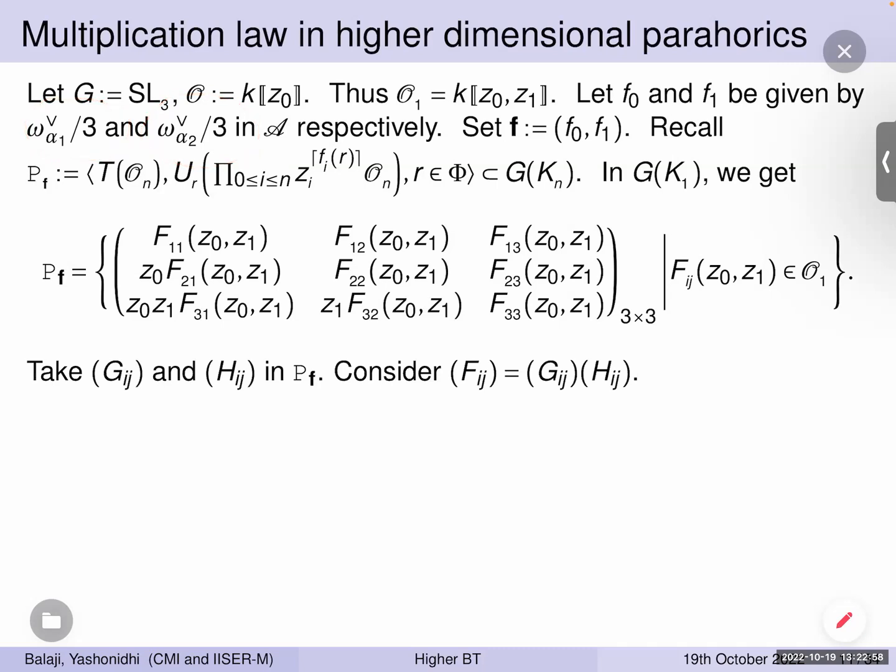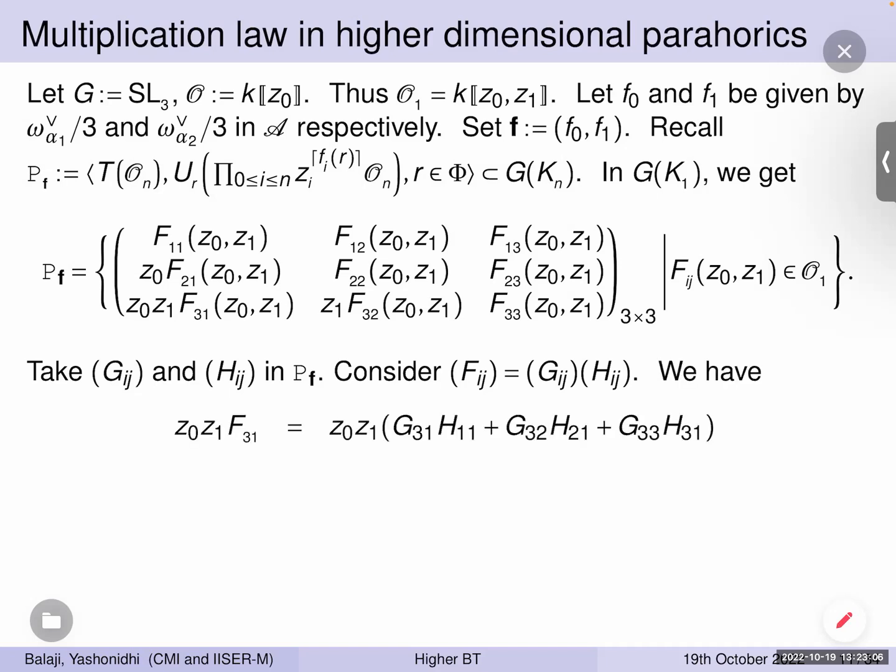Now let's take two elements, g_ij and h_ij, in the bounded subgroup P_F, and consider their product, which I call f_ij. So we see that the 3,1 entry looks like this. If we leave out z0 and z1, we have almost the usual product in SL3.